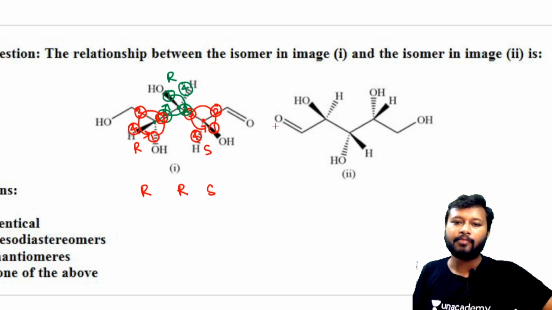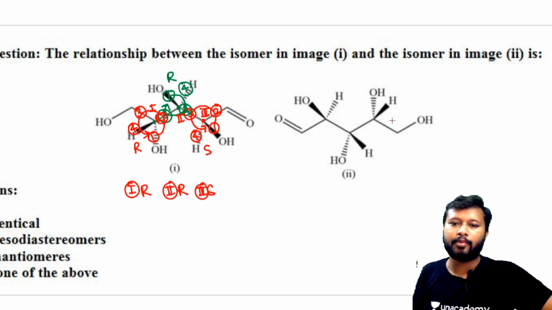Okay. Now let's look at this particular molecule. Let's call this chiral center number 1, this chiral center number 2, and this chiral center number 3. So we have got 1R, 2R and 3S, right?